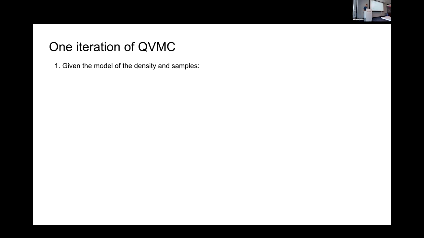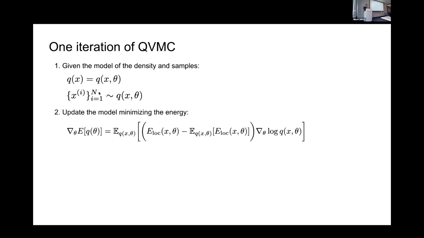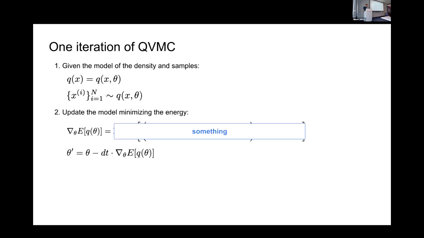So one iteration of quantum variational Monte Carlo looks as follows. We have the density model with some parameters theta, and let's say it's a neural network that just spits out the density. And we sample, let's say, using MCMC from this density. And then finally, having the density and the samples, we want to estimate the gradient of the energy with respect to the parameters of our model. And this also doesn't matter right now.